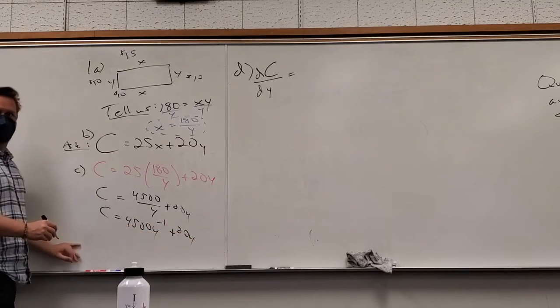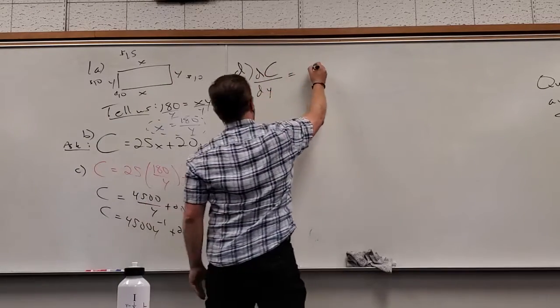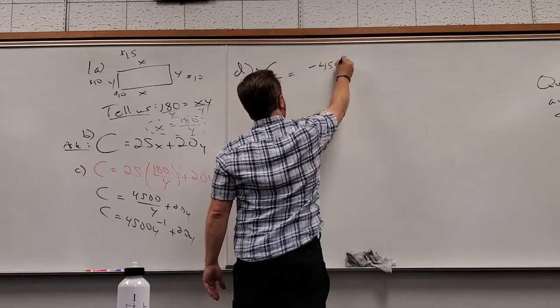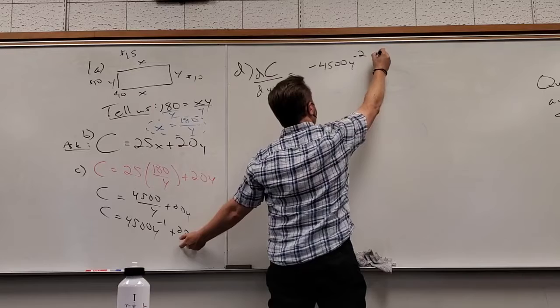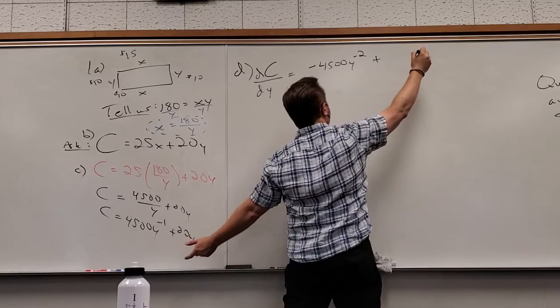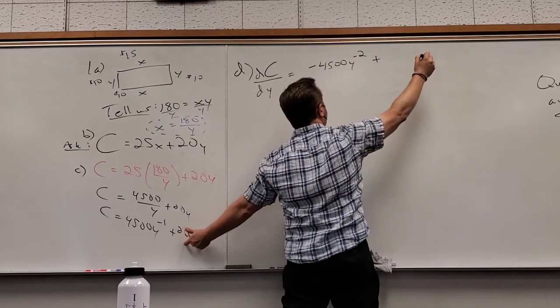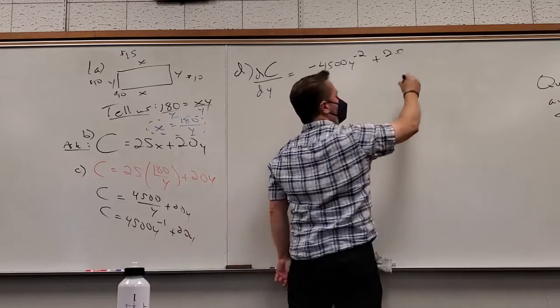So when I take the derivative, it'll be negative 4,500 y to the negative 2. And then this, of course, is just 20.